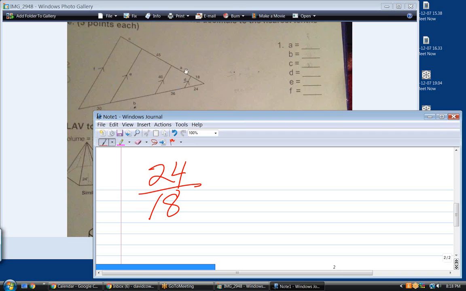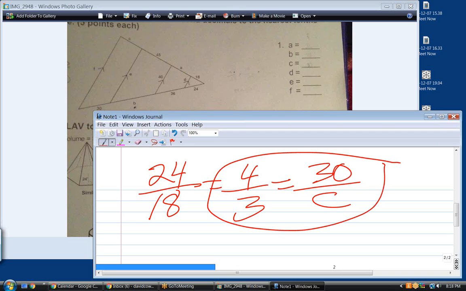We've been going big to little the whole way, so let's not change that. That's equal to 4/3, and what is that ratio supposed to be equal to relative to C? Go big to little. 30 over C.